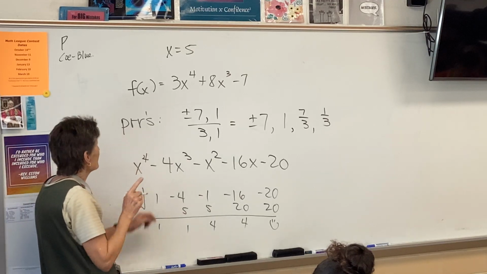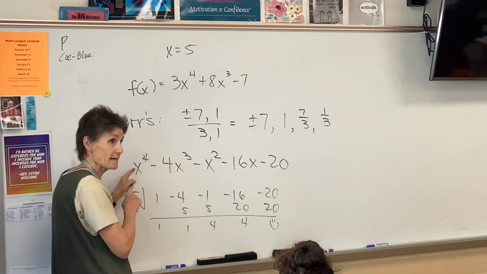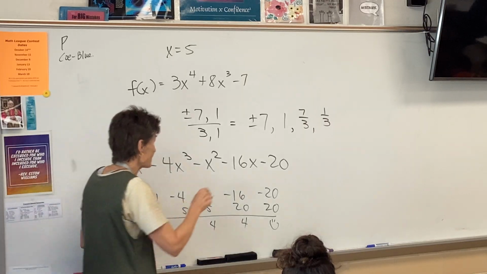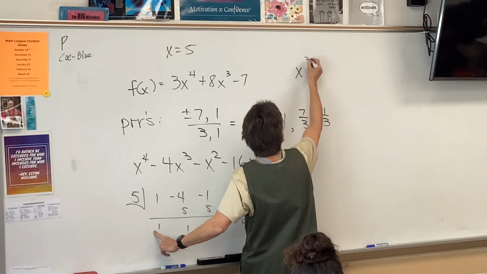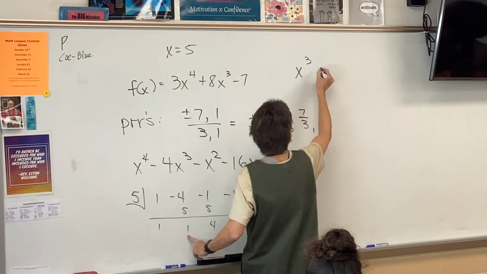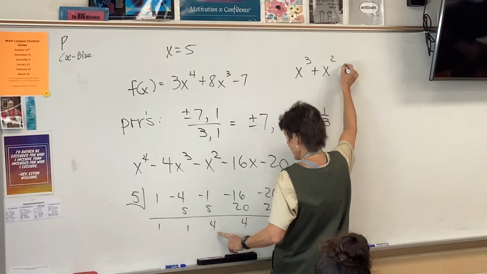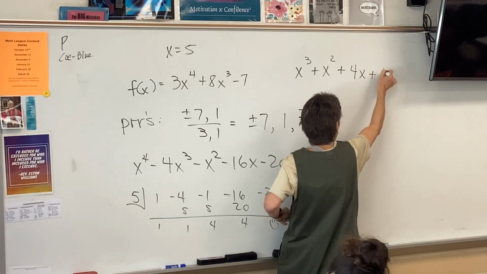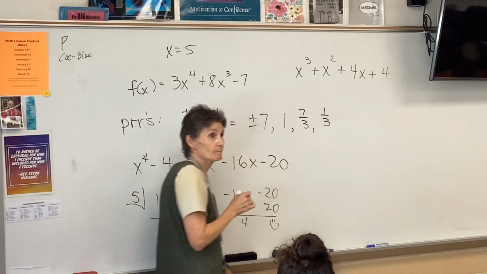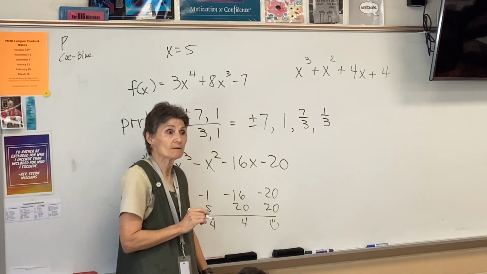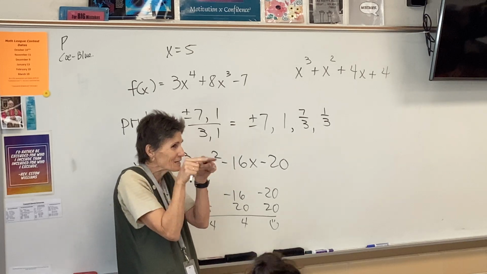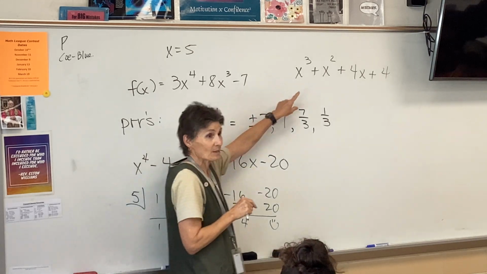Actually, I can't, because this problem was an x to the 4th, so this is gonna be x is better. x to the 3rd plus x squared plus 4x plus 4. And you have to do synthetic division again. You can do synthetic division again unless you're tuned in. This one now does group.